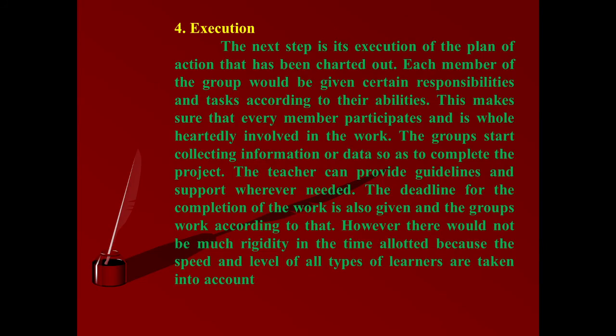After planning the project, the next step is to execute the plan. The next step is the execution of the plan of action that has been charted out. Each member of the group would be given certain responsibilities and tasks according to their abilities. This makes sure that every member participates and is wholeheartedly involved in the work.